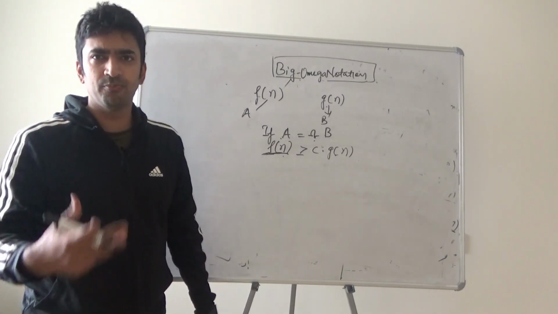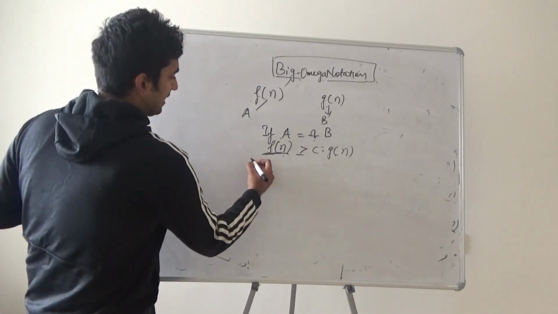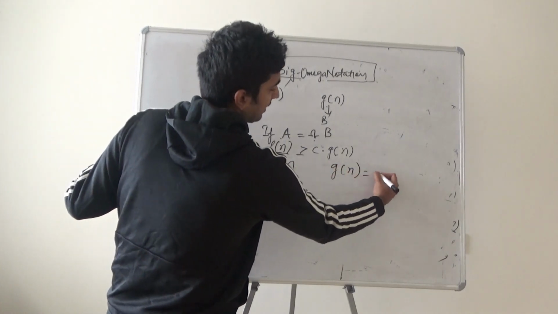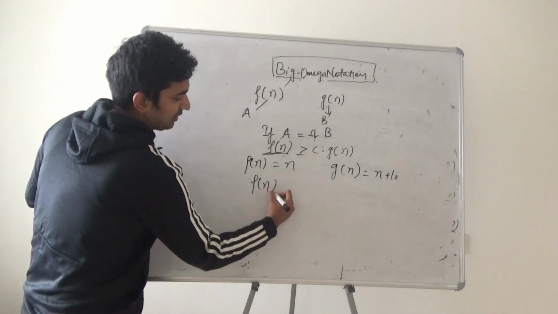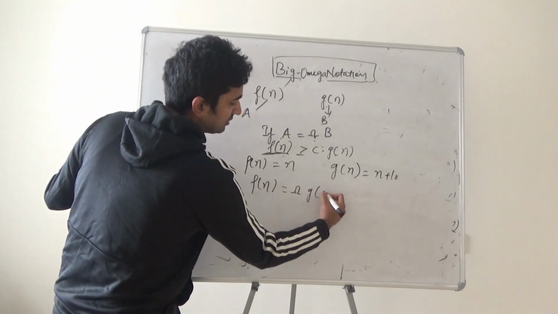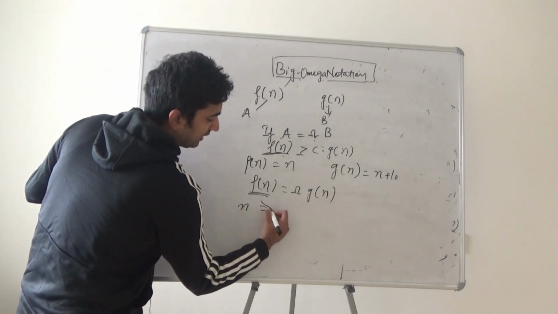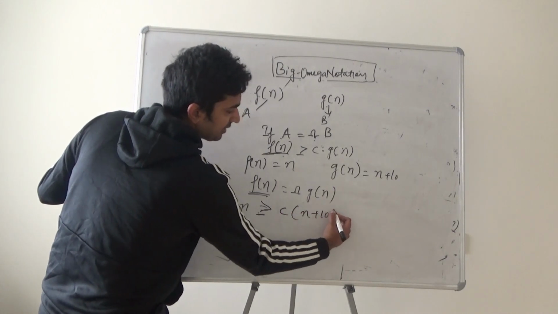Now how does this whole process actually work out? We take a particular example where Fn is given as n and Gn is given as n plus 10. So I can say that Fn is omega of Gn. In this scenario, n should be greater than or equal to C of n plus 10.